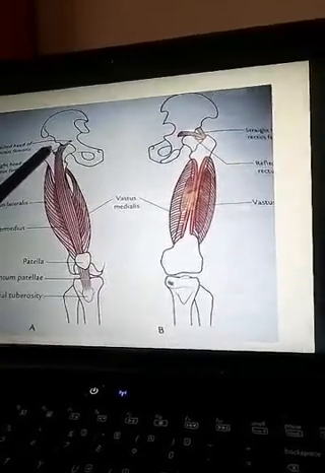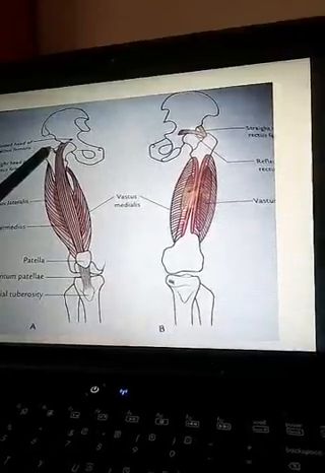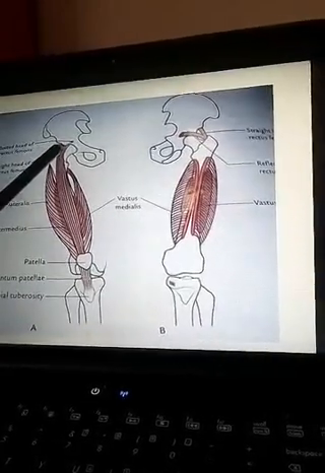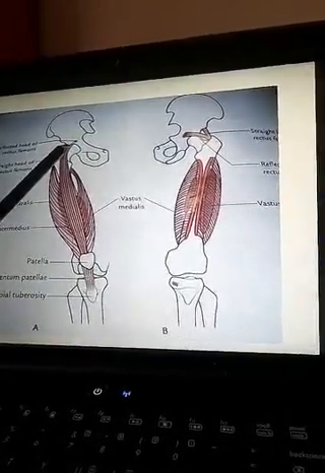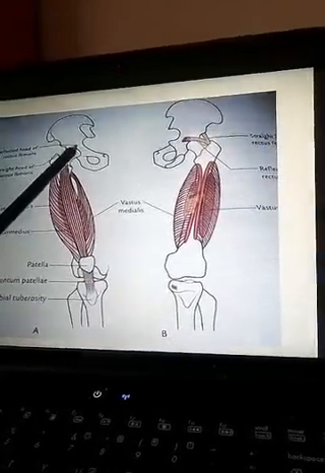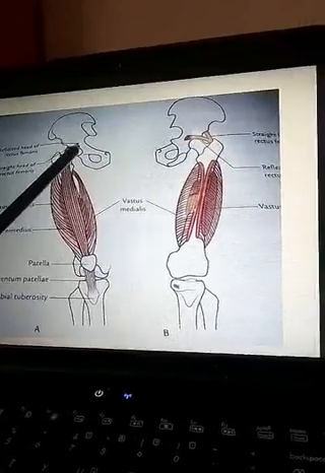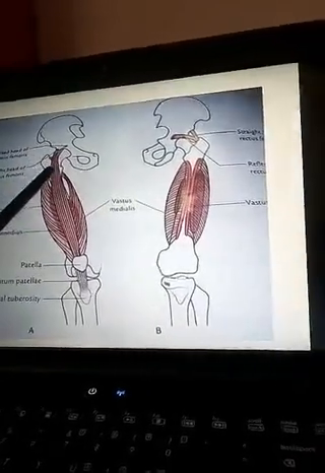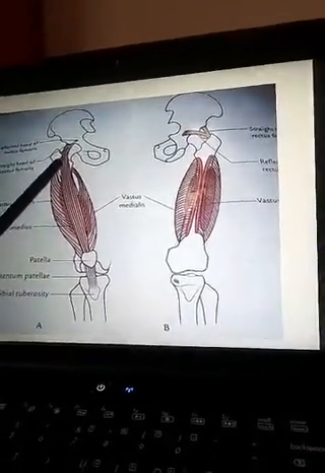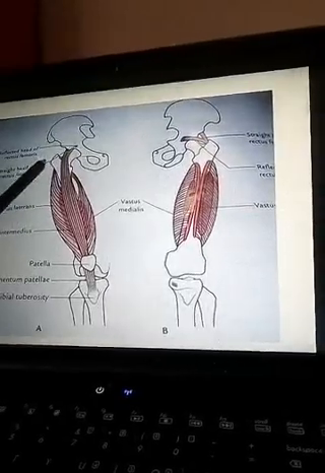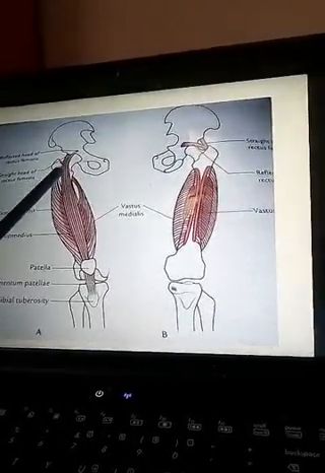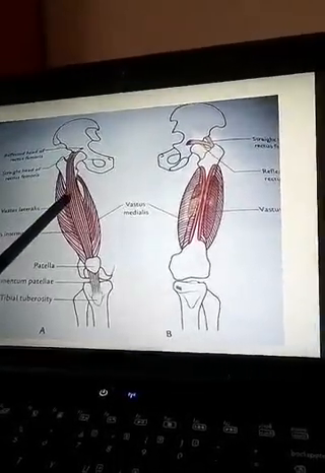Straight head arises from the upper part of the anterior inferior iliac spine, and the reflected head arises from a groove above the acetabulum.